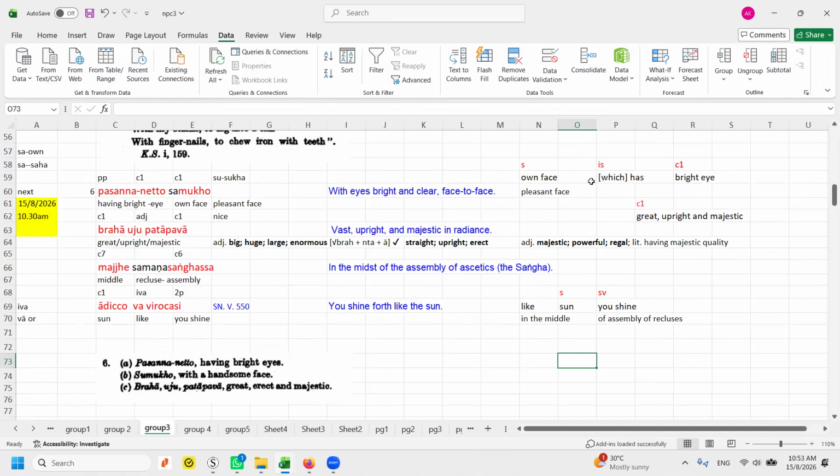And then you can put this later. This one also has to come down. If you want to continue, this one cannot be the subject. You shine like a sun in an assembly. And then you can describe with a pleasant face, which has a bright eye, etc. You can continue, but after that you cannot follow with a preposition.